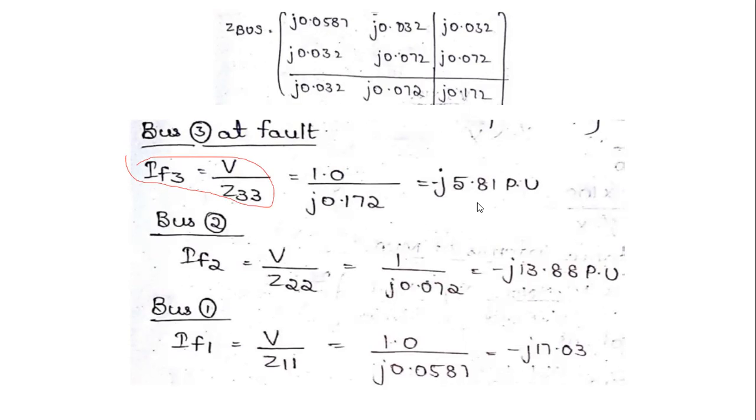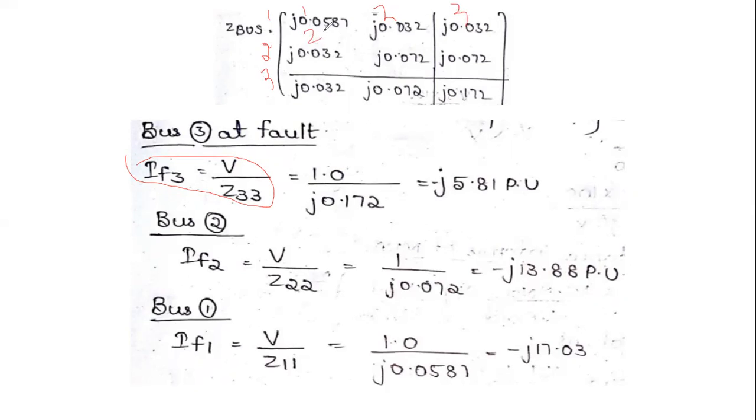This is the matrix with rows and columns 1, 2, 3. Similarly, this is also 1, 2, 3.